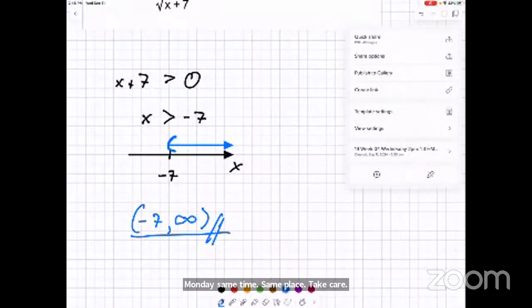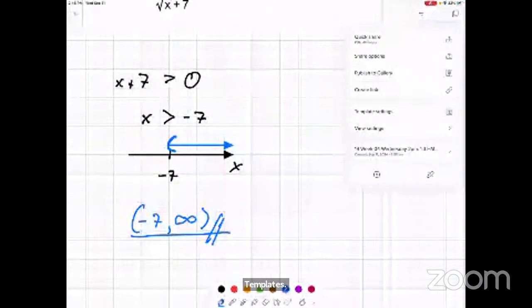Template. This one, apply. I'm going to suppress this. Sure. Here.